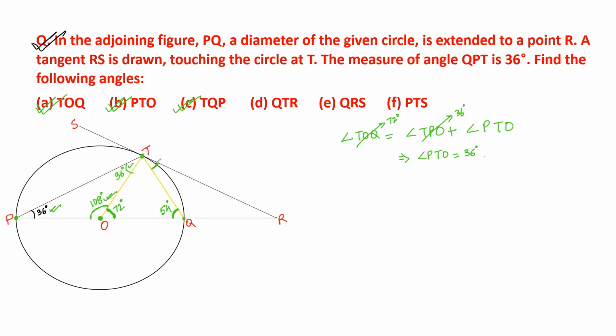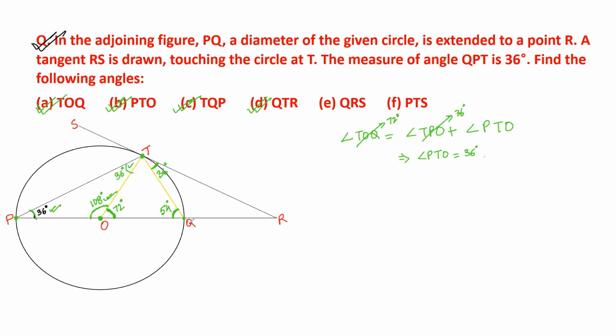So this angle would be equal to the angle formed by the chord in the alternate segment. And the angle formed by this chord in the alternate segment is 36 degrees. So this angle will also be 36 degrees, which we are able to find simply by using the alternate segment theorem. So angle QTR is 36 degrees.